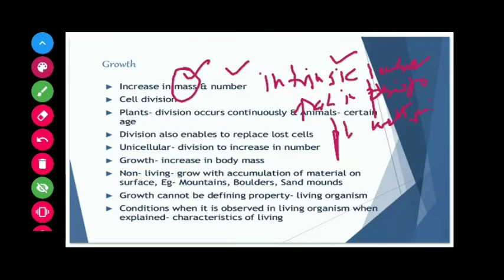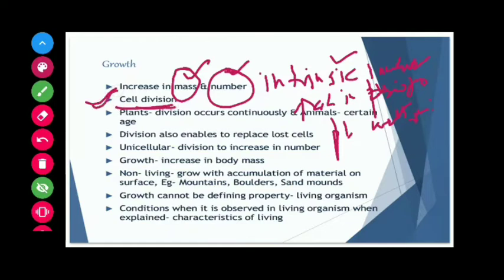Now the second point, increase in the number. It refers to cell division. How will number increase in any living organism? The number will increase by cell division. Okay, now in plants, actually plants grow continuously by cell division.